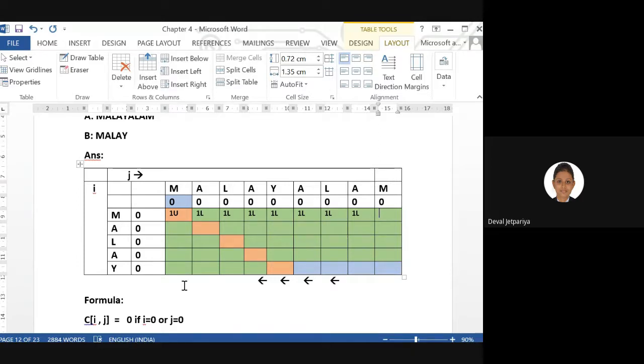How is it 10? Please reply so I will get to know where you are mistaken. Please unmute anyone and reply. Diagonal value is 0. In that we need to add plus 1. So how is it 10?